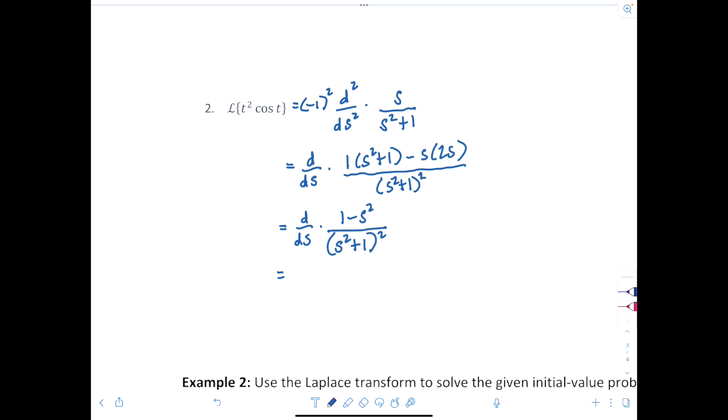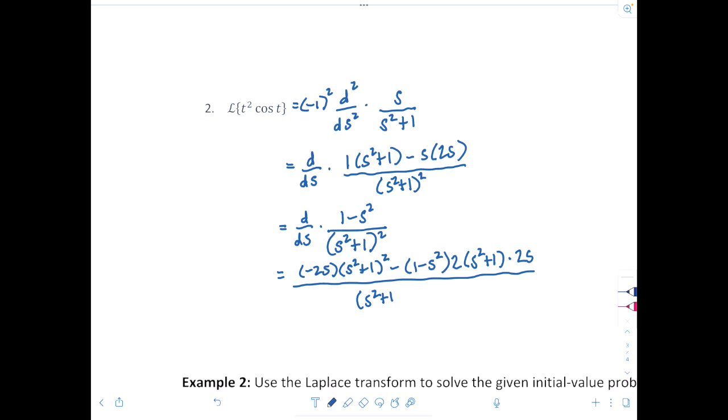So the derivative of that numerator is negative 2s times s squared plus 1, the quantity squared, minus quantity 1 minus s squared times the derivative of the denominator, which will be 2 times quantity s squared plus 1 to the 1, and then times 2s using the chain rule, all over the denominator squared.